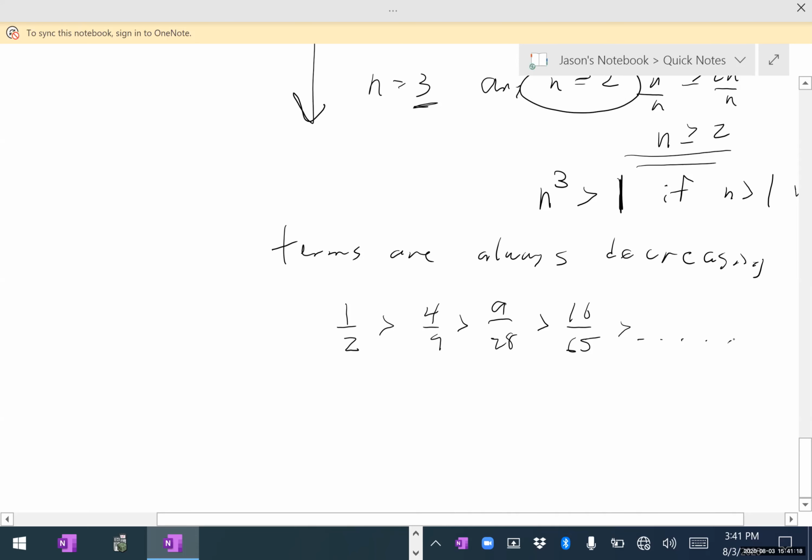It's always decreasing. The terms are always getting smaller. It's hard to see that with these fractions, but we've proven it. We proved that the inequality always holds. There's no way that it can't be true.